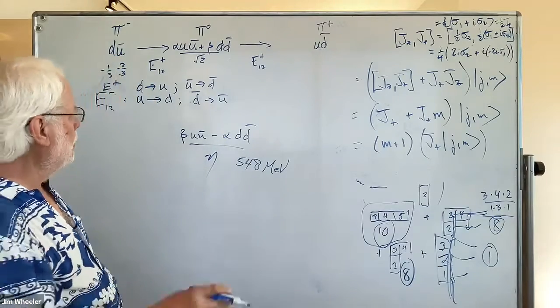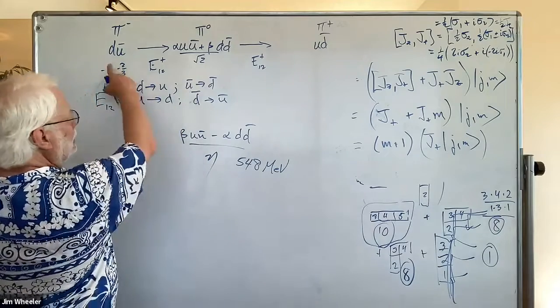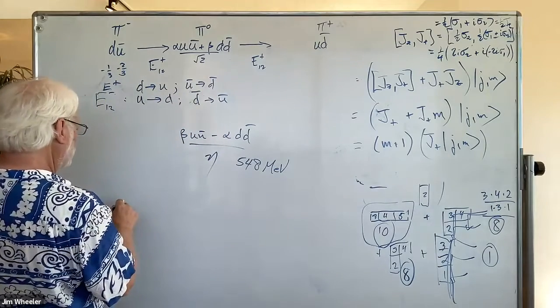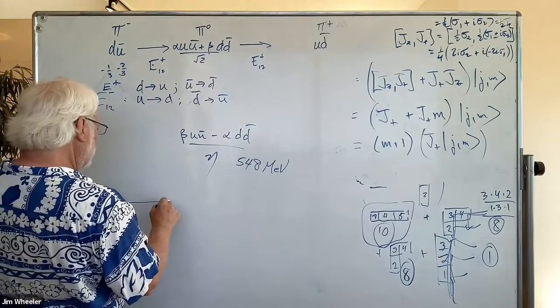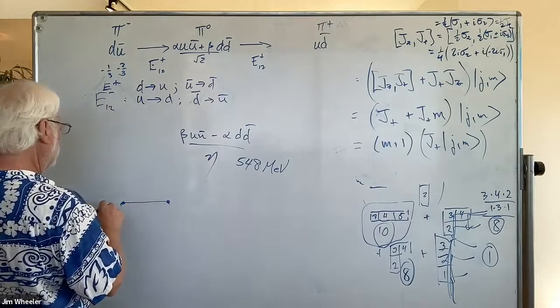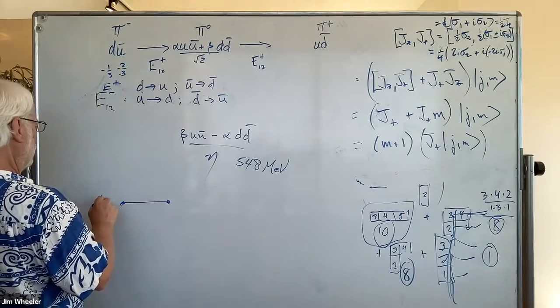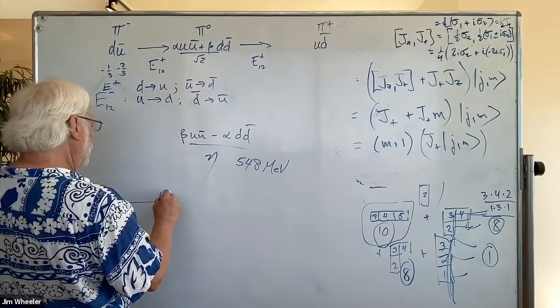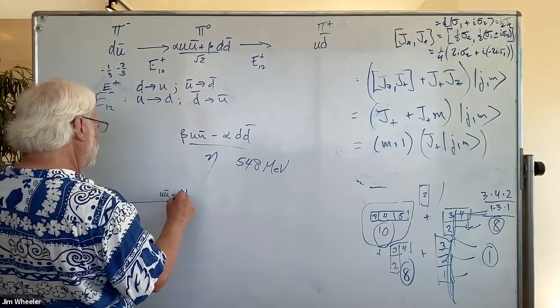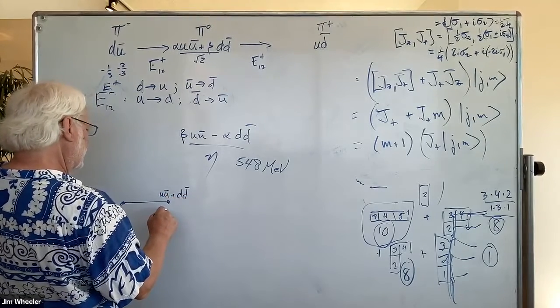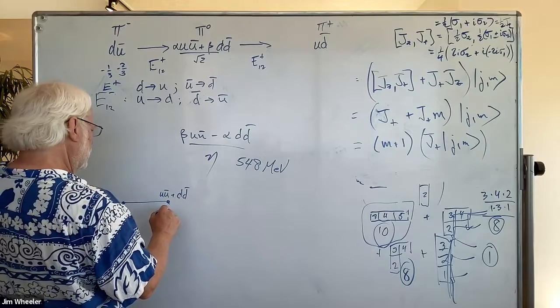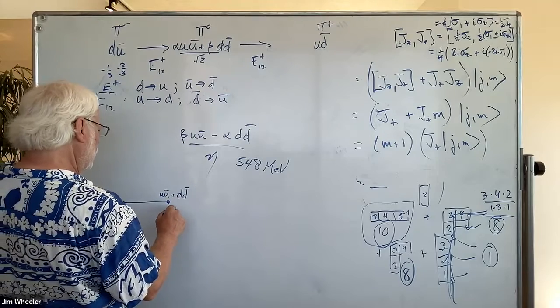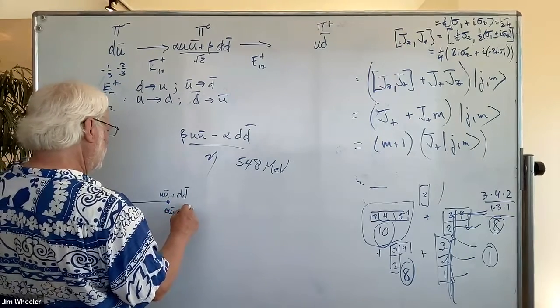So what do we do next? Well, we want to get the whole octet, and this triplet. All right. So what have we got? We've got a D U bar here. We've got UU bar plus DD bar, or we've got U bar minus DD bar.